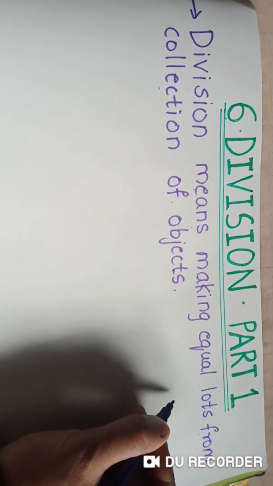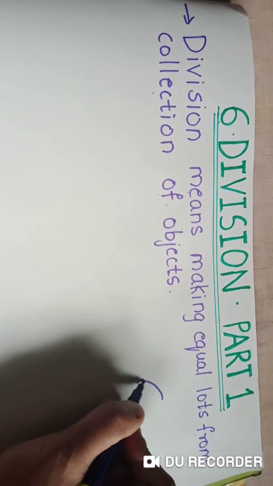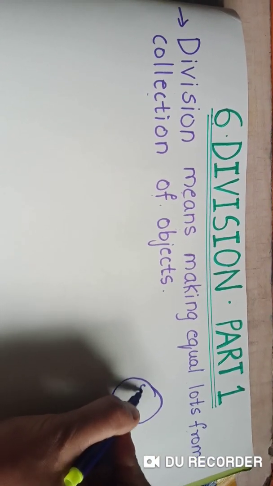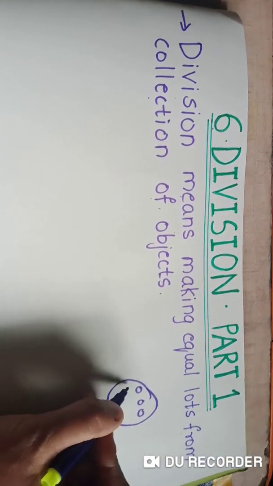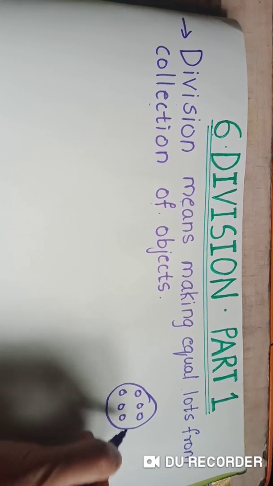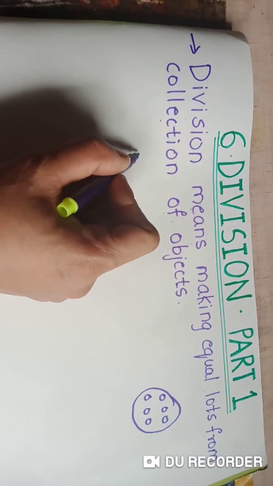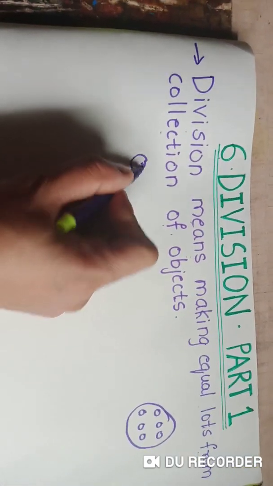For example, in a bag there are 6 chocolates in total, and these 6 chocolates we have to give to 2 children.